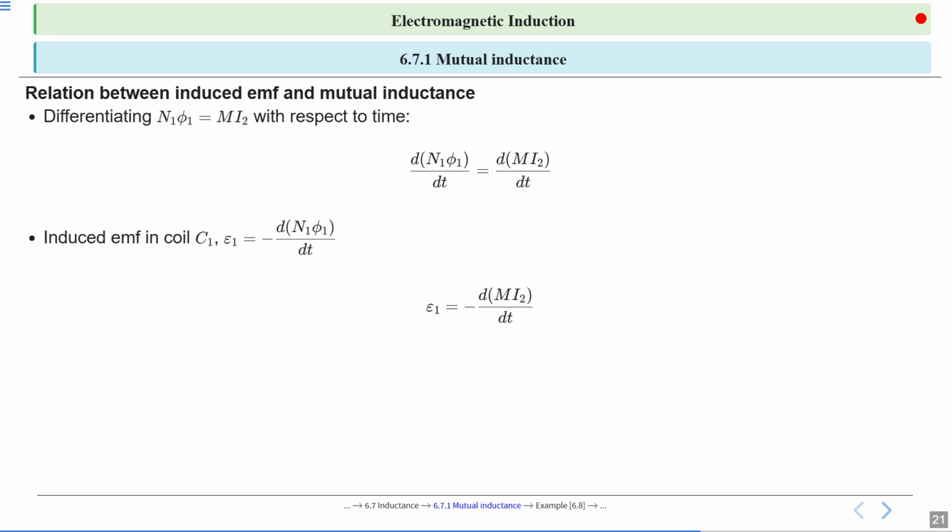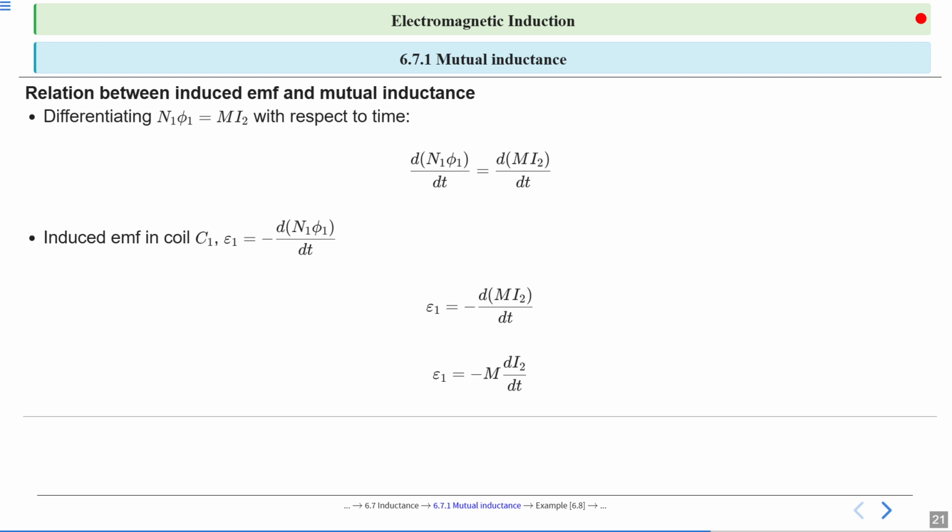M is constant, mutual inductance is constant. It will come out of the derivative. So epsilon 1 will be equal to minus M dI2 upon dt. Okay, so the EMF induced in the first coil is equal to the product of mutual inductance and the rate of change of current flowing through the second coil.